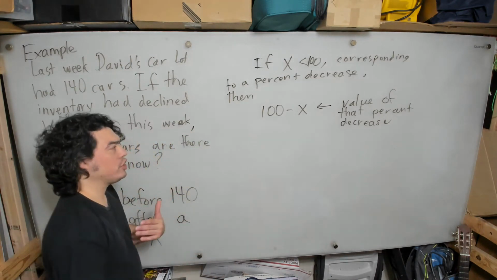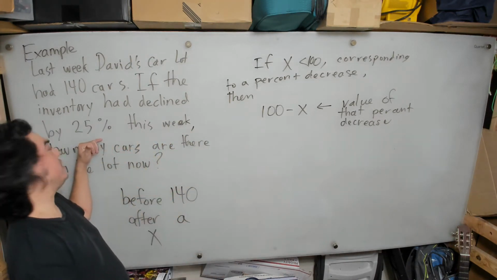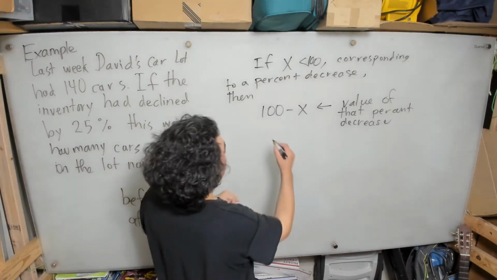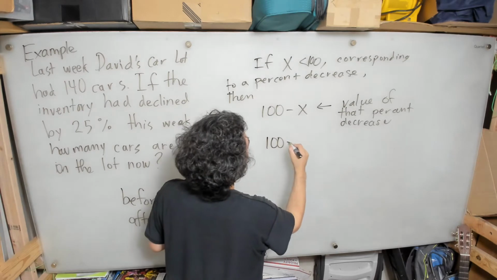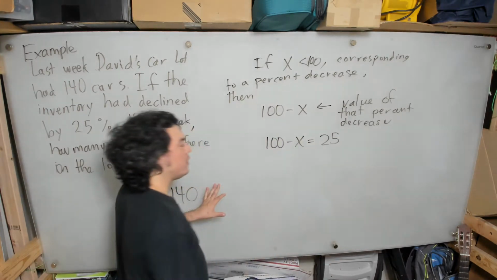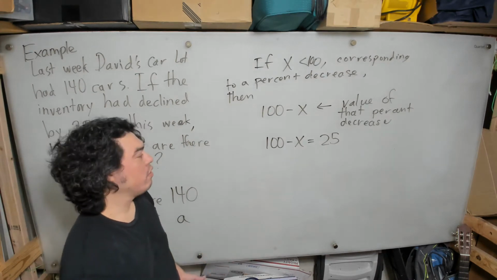So in our situation, we know that it's a 25% decrease, right? So that means that this will have to equal 25. So 100 minus X equals 25. And that's going to allow us to solve for the X.